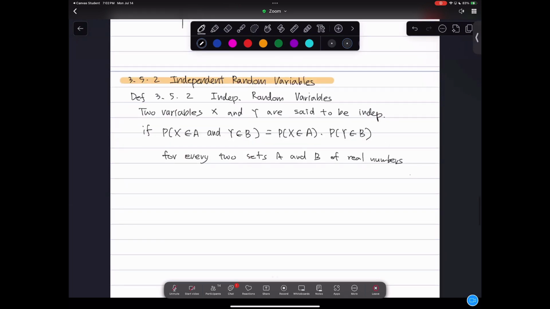So that's what it means by the definition. For every single subset of real numbers, your x is in that set, and at the same time y is in the set, I can do the product of individual probabilities.